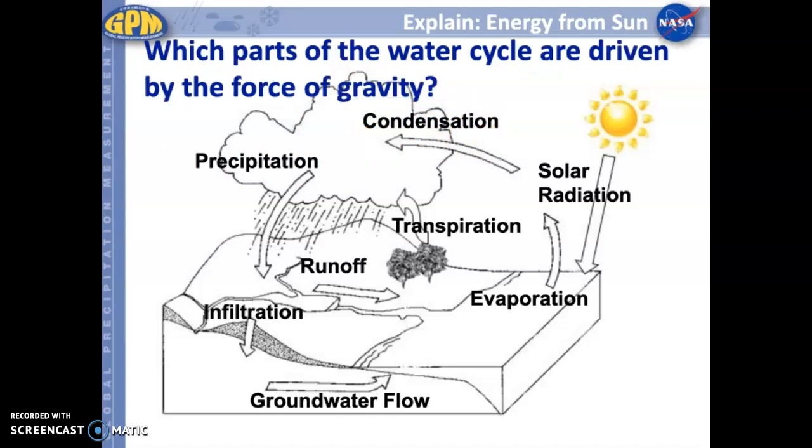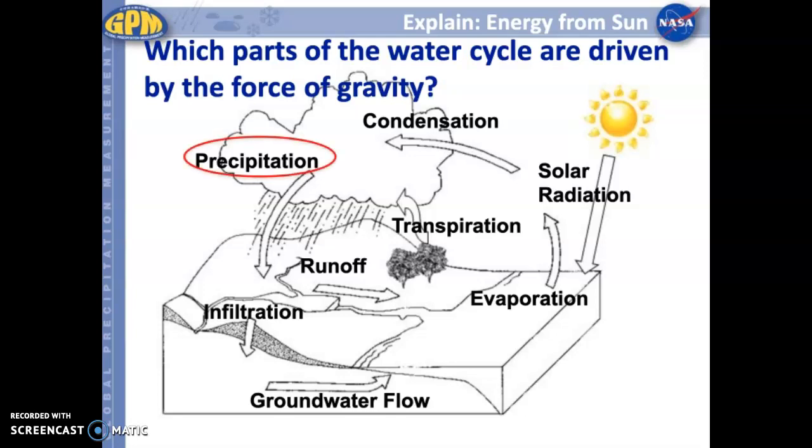Which parts of the water cycle are driven by the force of gravity? Remember, gravity is going to pull things down on Earth. So think about where gravity might be interacting. Go ahead and pause again. We have a couple of places that would involve gravity. The first is precipitation.